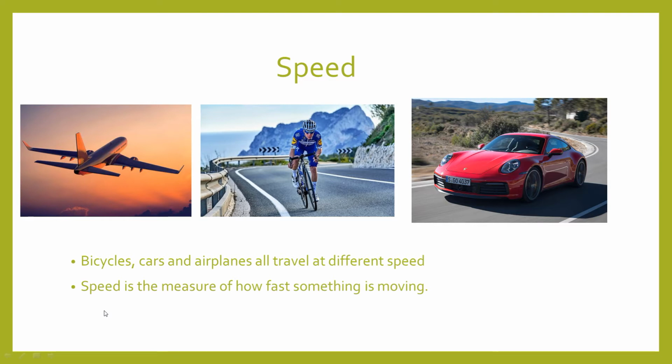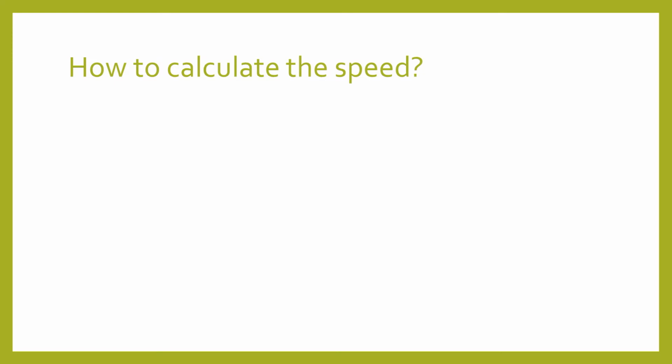Speed is the measure of how fast something is moving. Now, how do we calculate speed? There is a way to calculate speed, but what are the factors that represent the speed?